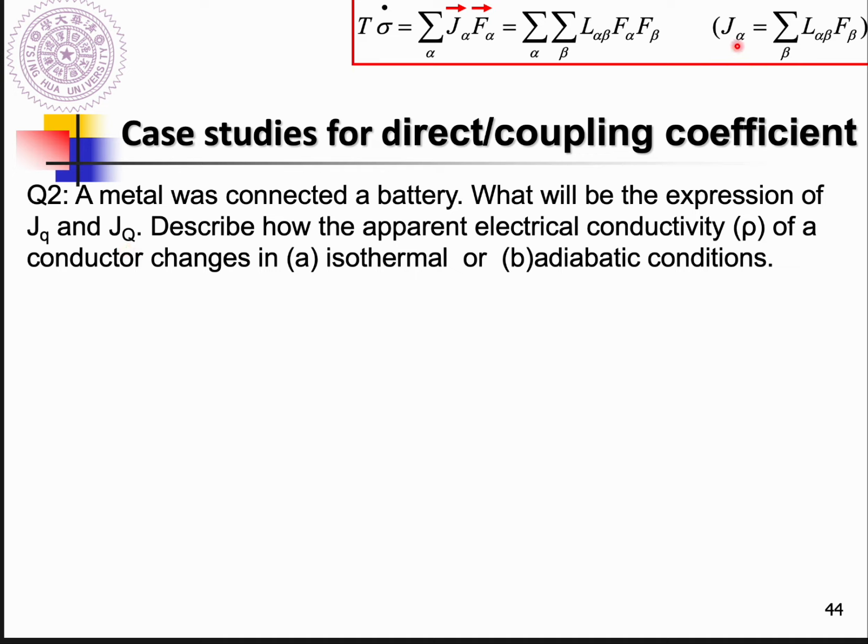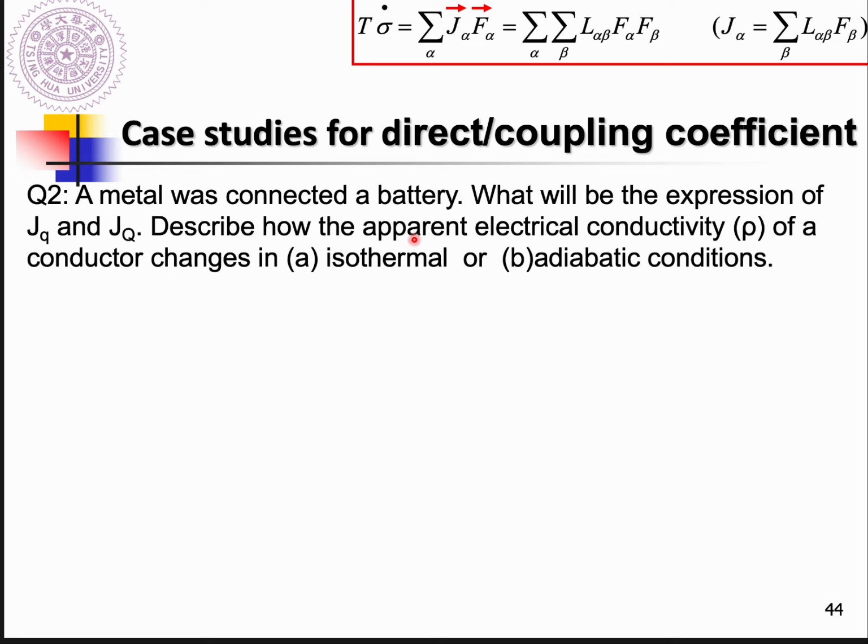So based on the flux-force equations, I believe you can very quickly write them down. And the question here is to describe how the apparent electrical conductivity of a conductor changes in isothermal and adiabatic conditions. So it asks you about apparent electrical conductivity.